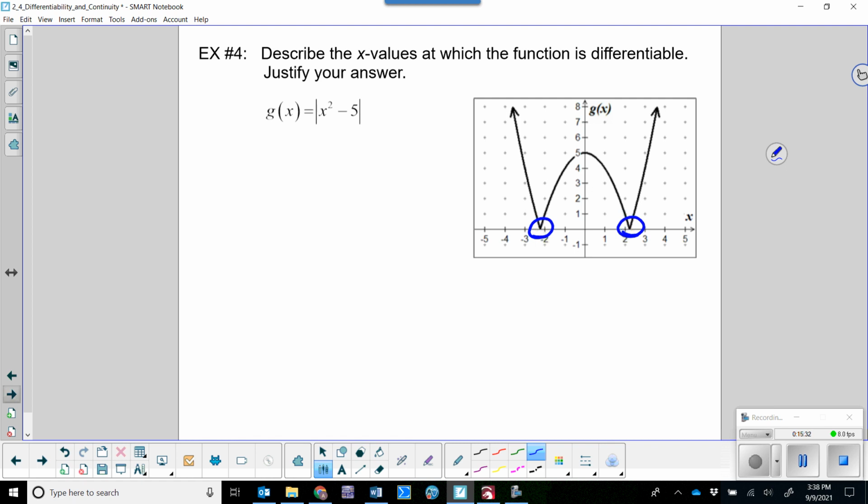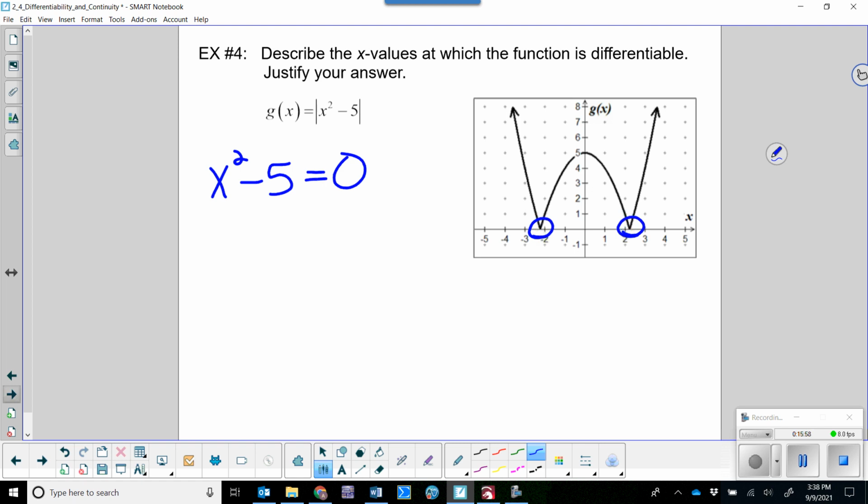So if we want to describe where the function is differentiable, we need to find out where those two values are, and then we can't use them. So that means we need to solve when does x squared minus 5 equal 0, okay? So this is a quadratic. Every quadratic can be solved by factoring, and if that doesn't work, you can use the quadratic formula.